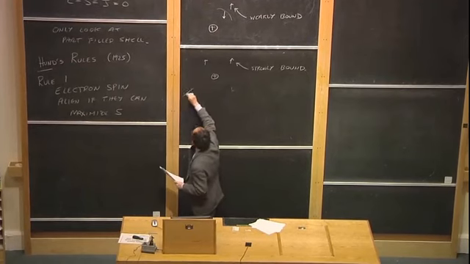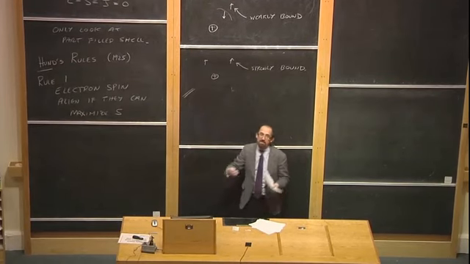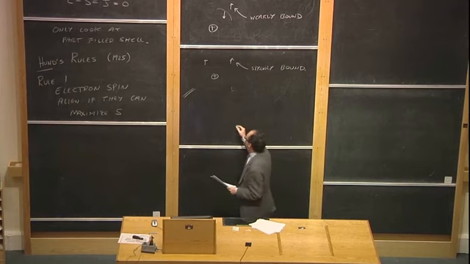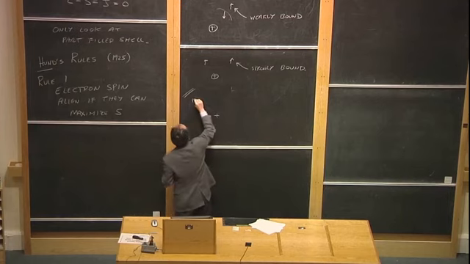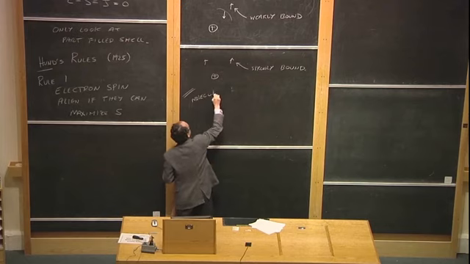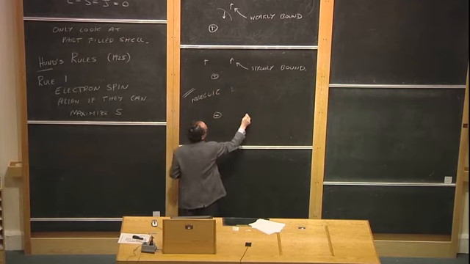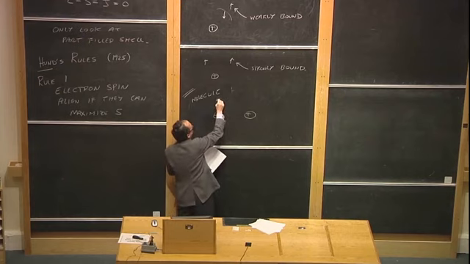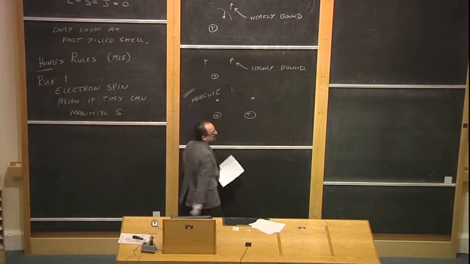Okay, so we can even generalize Hund's rule up from atoms to molecules if we want. So suppose we have a molecule with 2 positive nuclei and say 2 electrons up here. It's exactly the same physics.